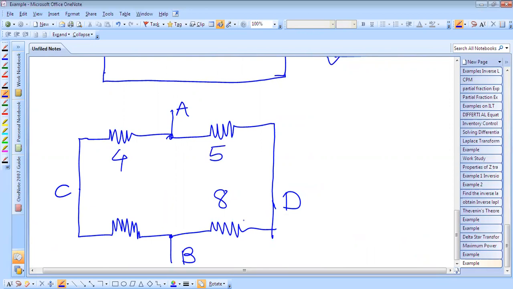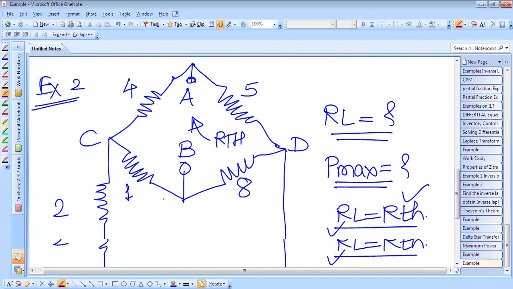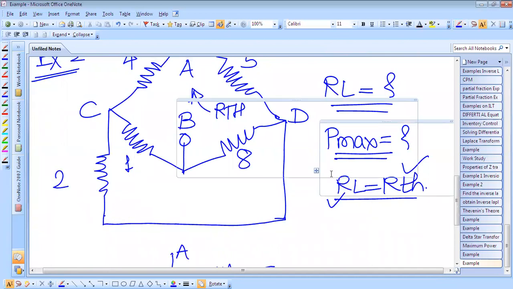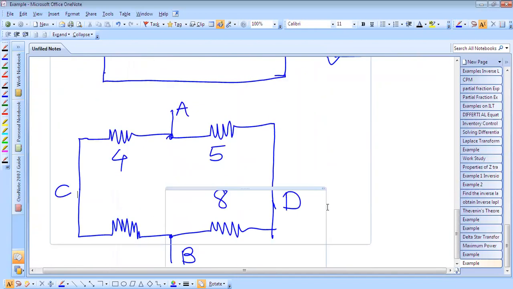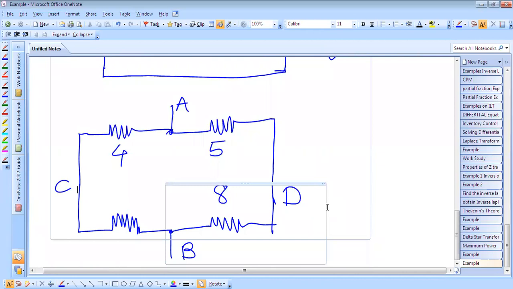Okay, so C and B, there is a resistance. Between C and D, there is a 2 ohm resistance. C and D, there is a 2 ohm resistor.